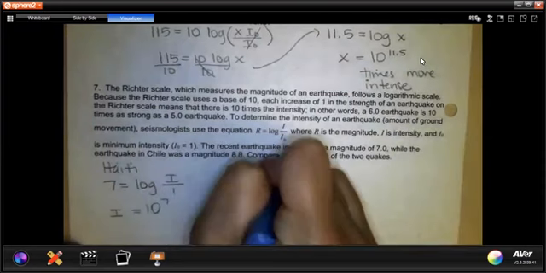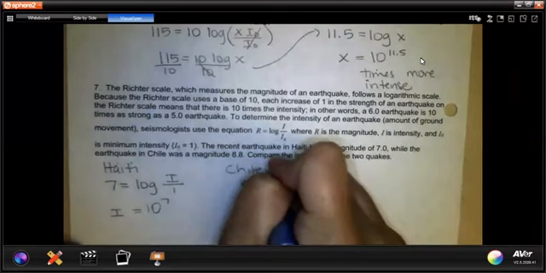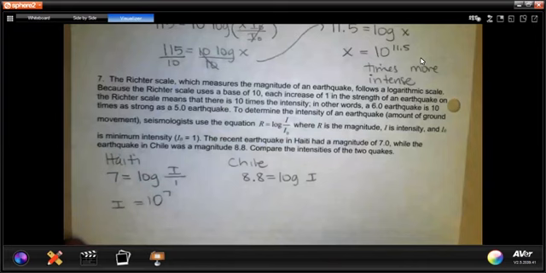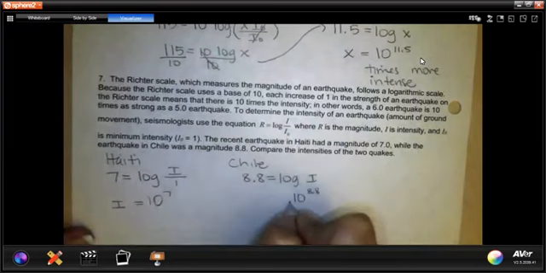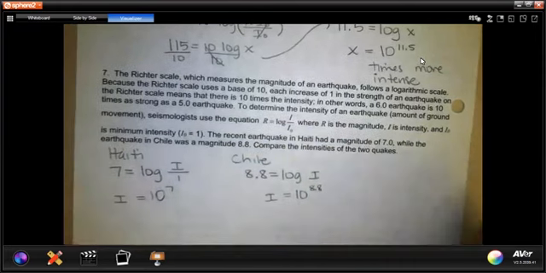Now for the Chile one, it had a Richter scale of 8.8. Again, we want to convert this to an exponential, so I drop the base, that is 10 to the 8.8. And so the intensity on that one is 10 to the 8.8.